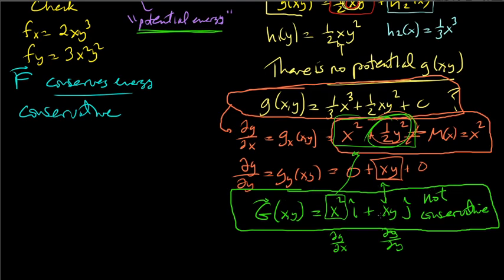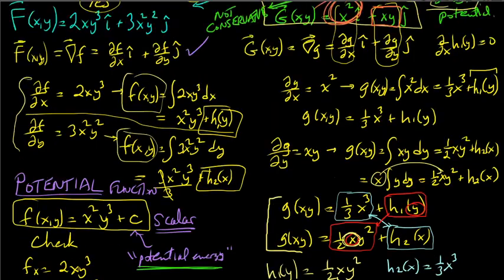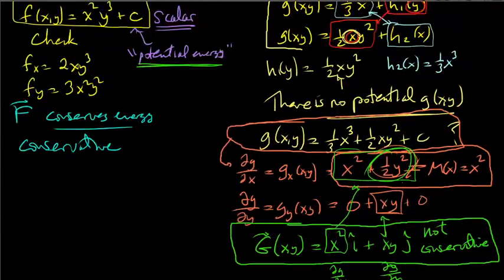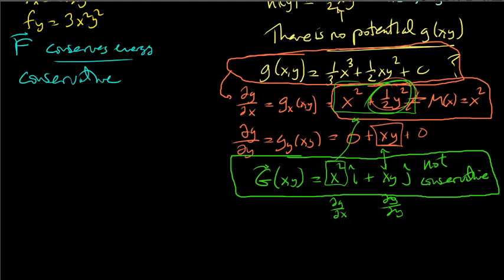It's not an actual vector field. It can't be an electric field or a magnetic field or a gravitational field, because gravity conserves energy. The electrostatic force conserves energy, and the magnetic field, not so much. Again, that might be getting a little more advanced than we need to talk about.